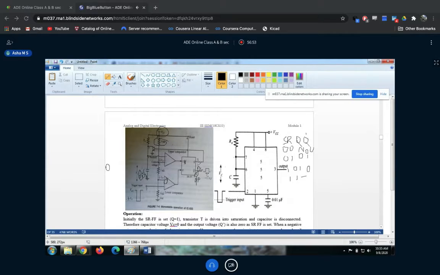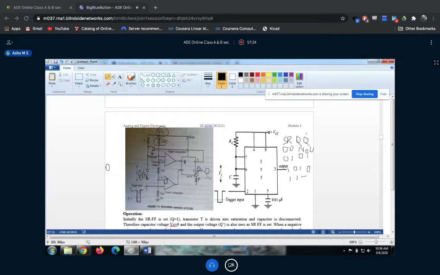Now we are going to apply a negative going trigger at pin number 2. What do you mean by trigger? Trigger is just a pulse. A negative going trigger starts from VCC, goes to 0, and comes back to VCC momentarily.